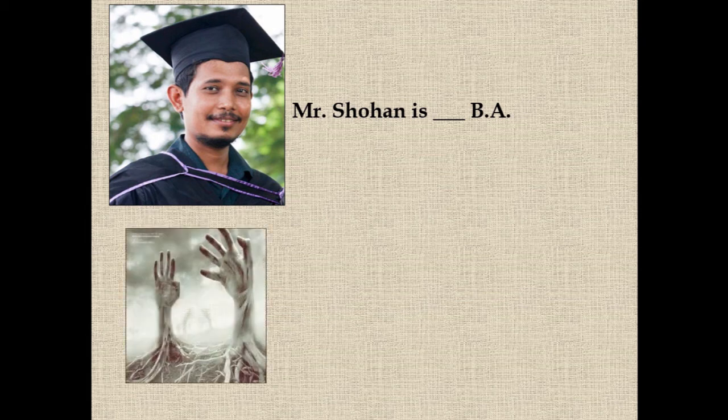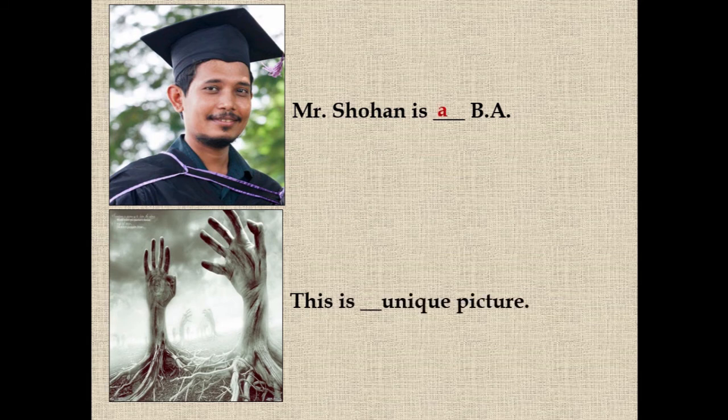So these are very easy. Now, Mr. Shohan is a B. Not a vowel sound, B. So it will be a. And second one, this is a unique picture, U. The sound of "yu".